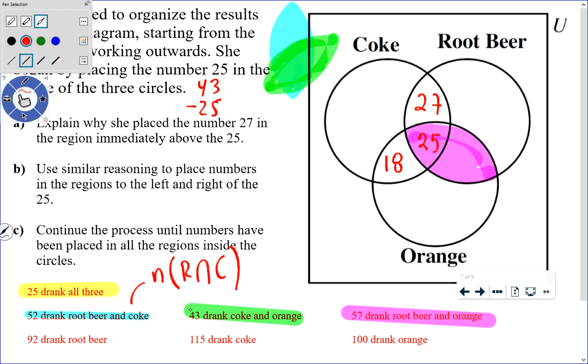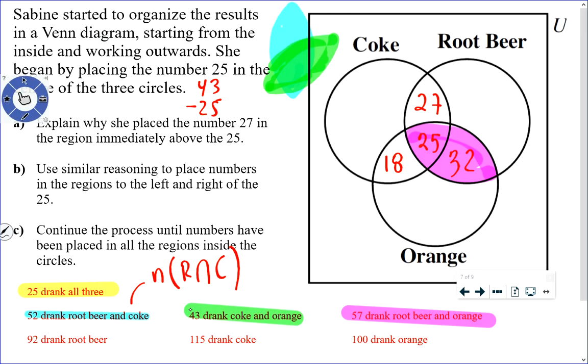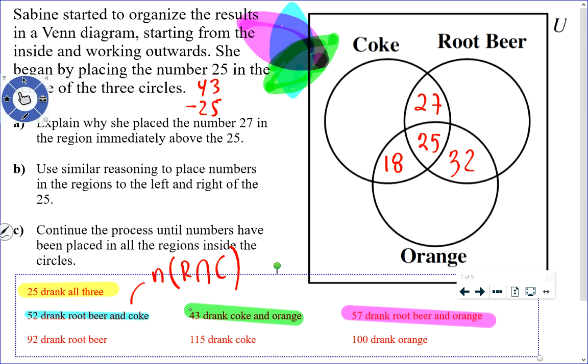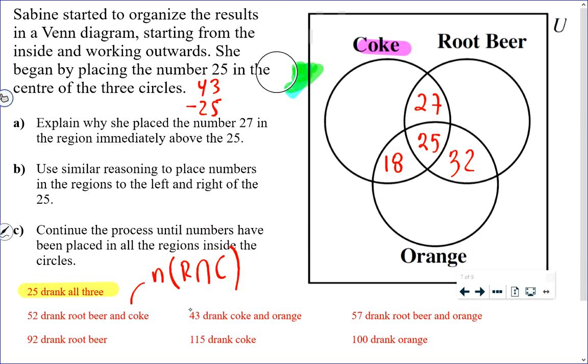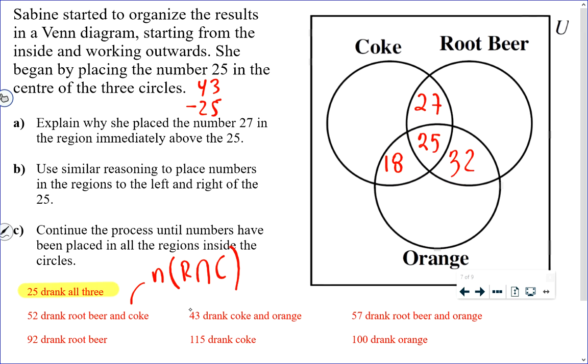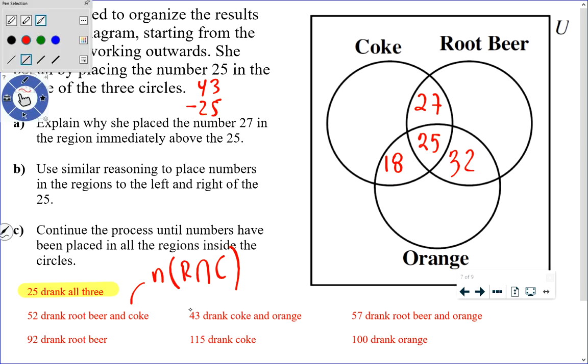And we're going to stop at this point and do a double check of everything. Just going to get rid of this stuff. The question is, are there 52 in the intersection of root beer and Coke? Well, that's this region right here. Root beer and Coke is this region.